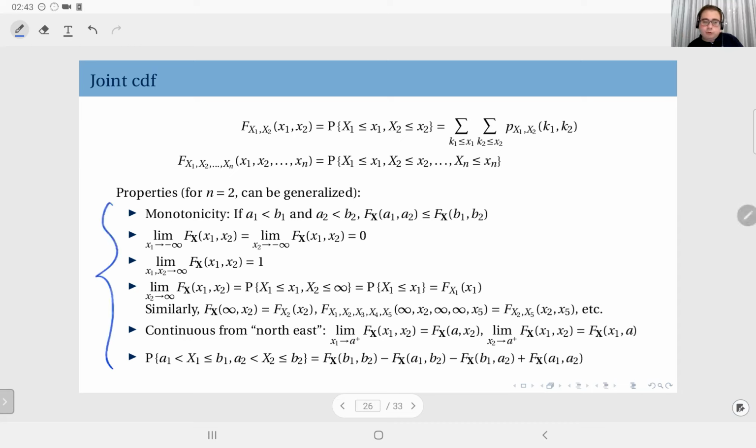So for any random vector, the joint CDF will satisfy all of these properties, for discrete or continuous or a mixture, doesn't really matter. These are universal properties. But in a more general sense, of course, if you recall, we can also represent a PMF using impulses. We can represent it as a PDF.